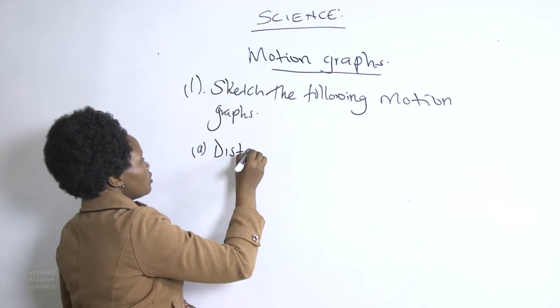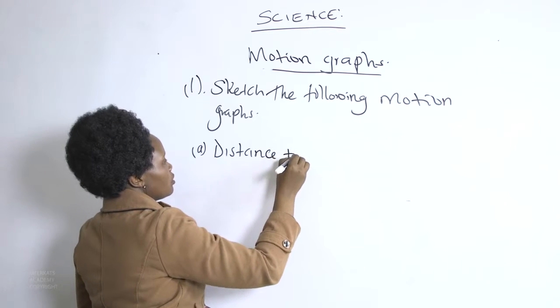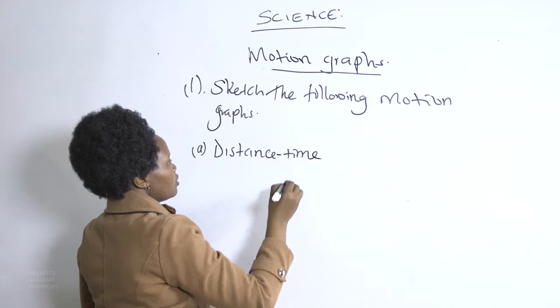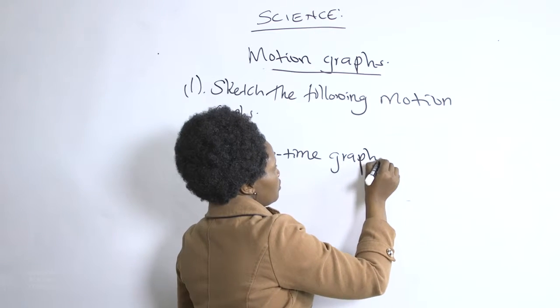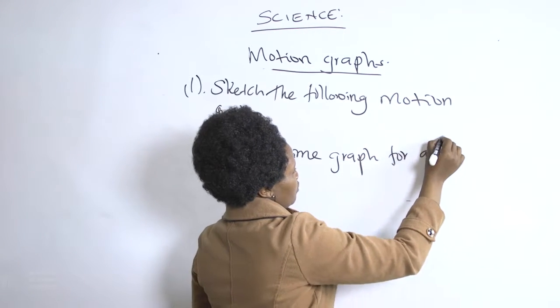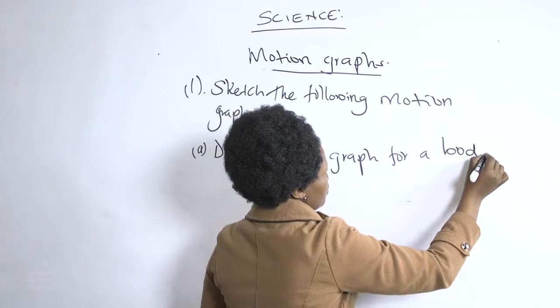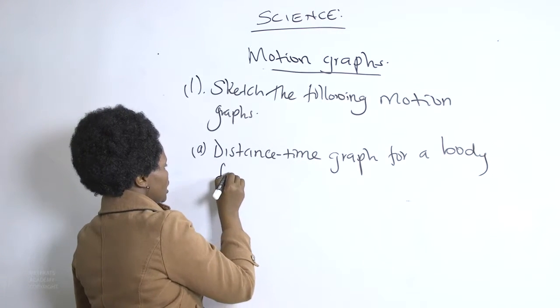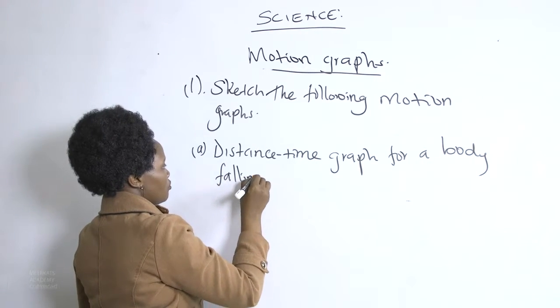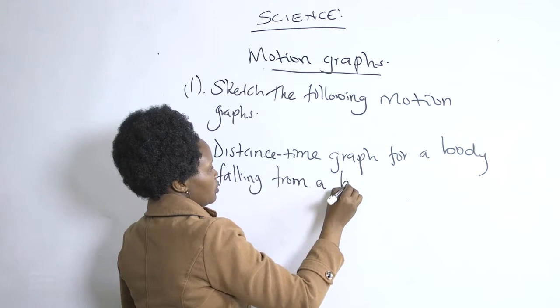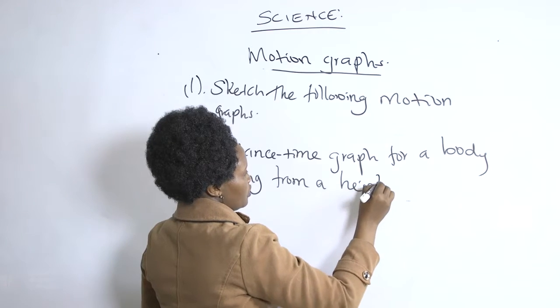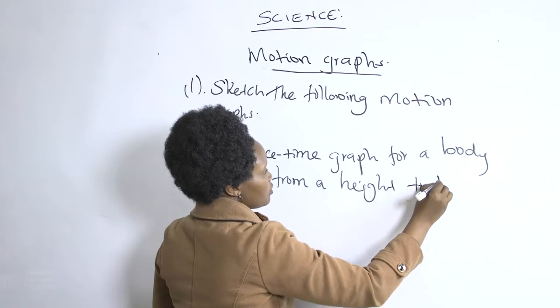Distance time graph for a body falling from a height to the ground.